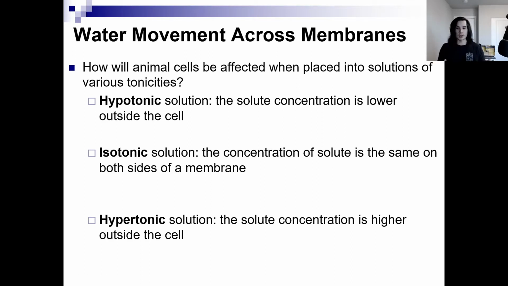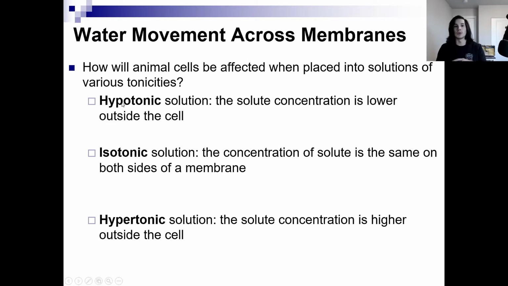So we know that water has a tendency to move to where there's more solute, and so you're going to have water on the outside of the cell with less solute in it, and it's going to want to move into the cell where there's more solute because it's a hypotonic solution.